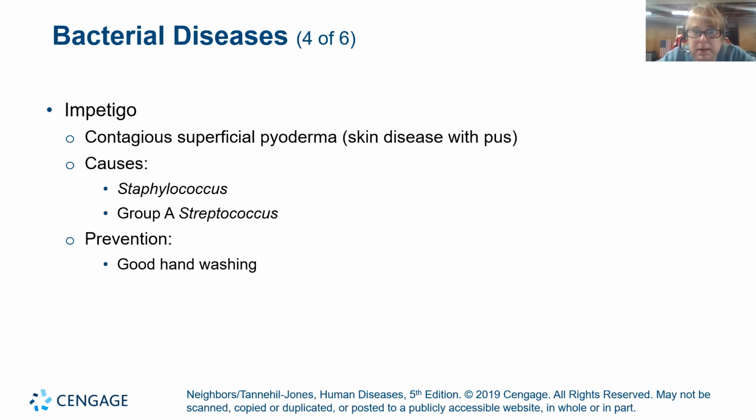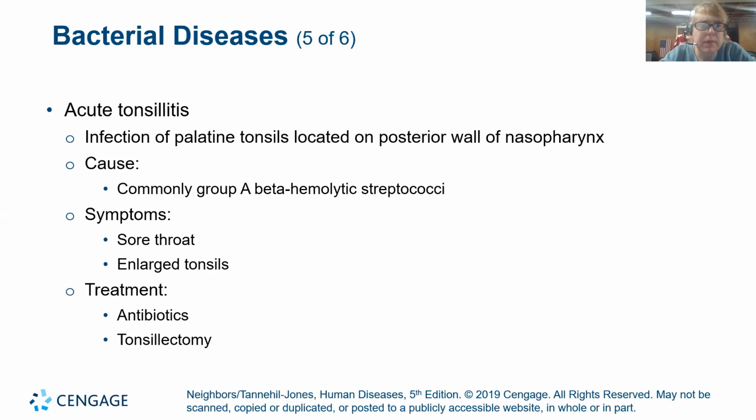We treat the infection. Usually the skin will get cultured. They'll unroof one of the pus-filled lesions, and they'll culture it, and they'll find out if it's staph or the group A strep. Again, good hand washing, good hygiene. Very important for kids to get baths every day or every other day.